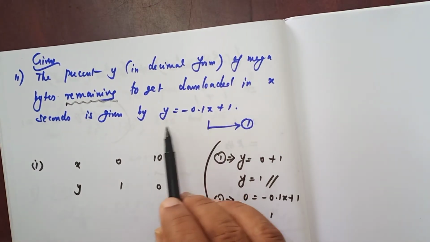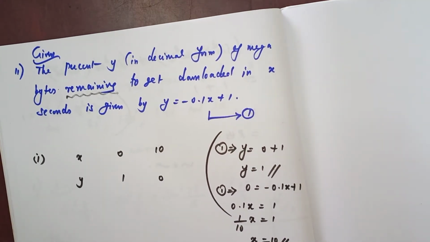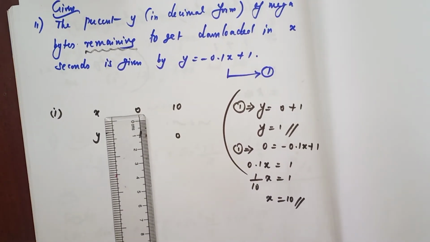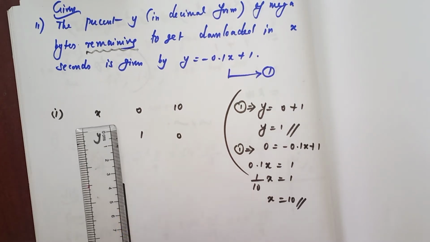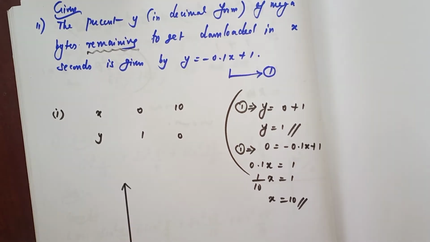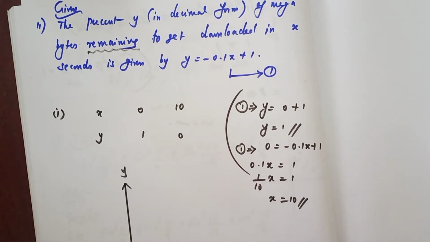So here we have x and y, it's a straight line only. Here the 2 points are enough for getting a straight line. You can draw the rough diagram. Y axis, x axis.